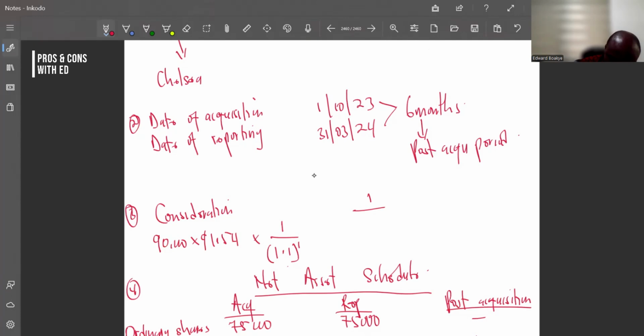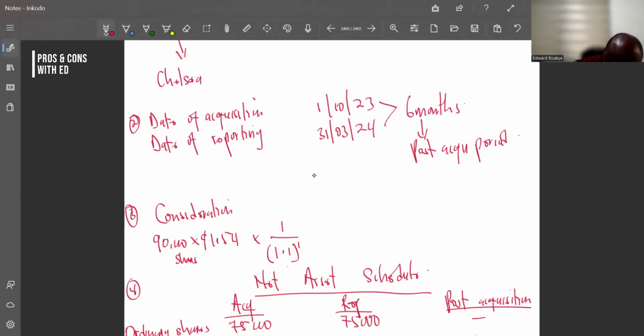Okay. So basically, this is what it will be: 90,000 shares multiplied by 1.54 per share times the discounting factor, which is 1 over 1.1 raised to the power 1.